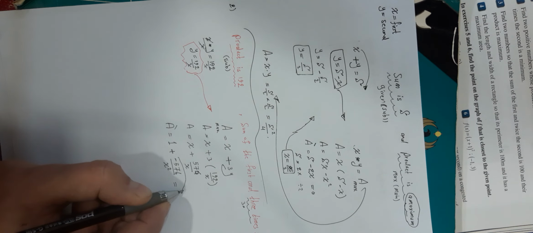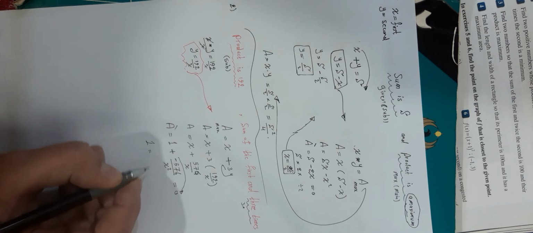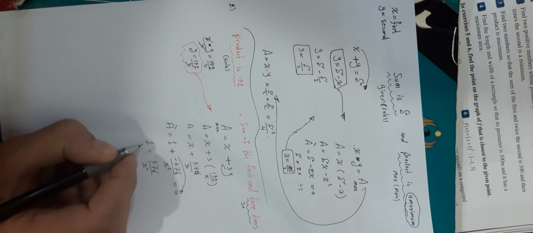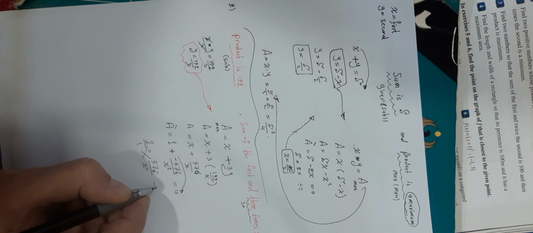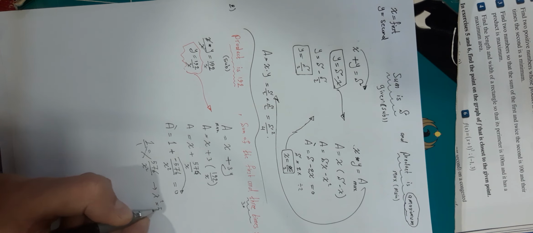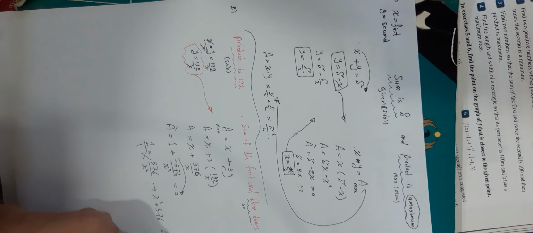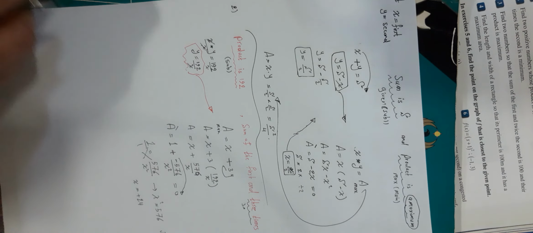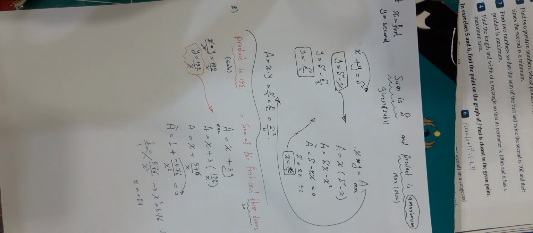This minus changes to the other side, equal to positive 576 divided by x squared. By crossover, x squared is equal to 576. By taking the square root, it is equal to positive and negative 24, but for this example just positive 24 because the question says to find two positive numbers.